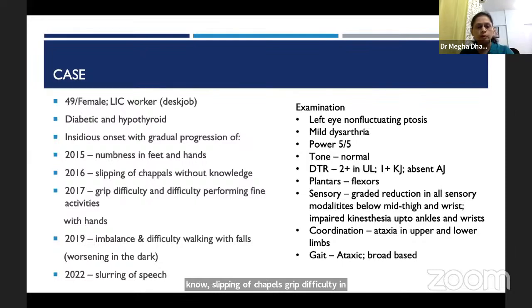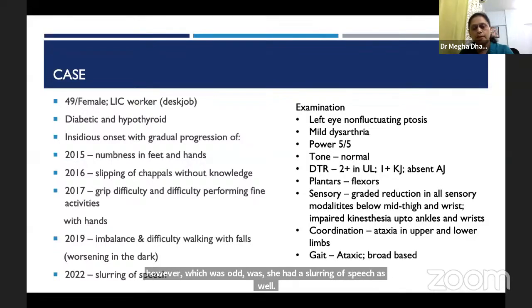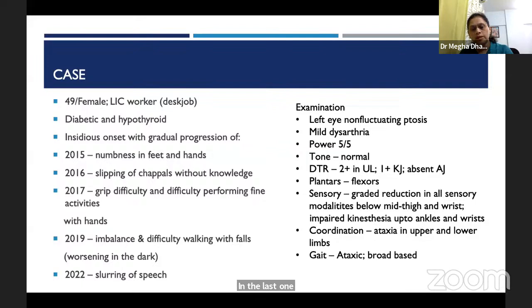You can see from 2015 to 2019-22 now, over the last 6 to 7 years, she's had these chronic progressive symptoms. However, what was odd was she had a slurring of speech as well in the last 1 year. So clinically, classical severe proprioceptive loss, sensory ataxic neuropathy, which looked like a sensory ganglionopathy.